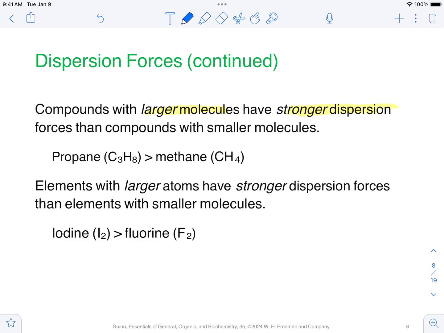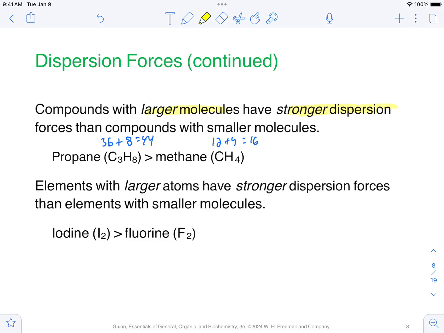So propane, for example, C3H8, if you added up the molar masses of C3H8, C is 12.01, so that's about 36. H is 1.01. That is about 8. So we're left with 44 grams per mole there, or atomic mass units, whatever you want to look at. And then methane is about 16. So propane has stronger LDFs than methane.